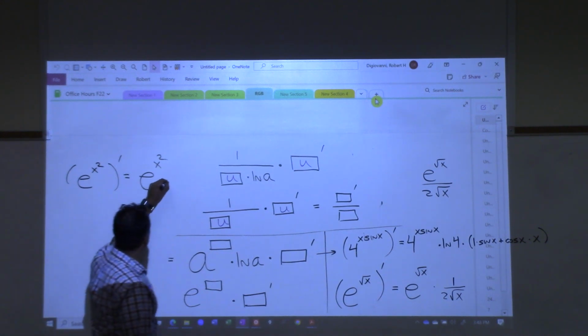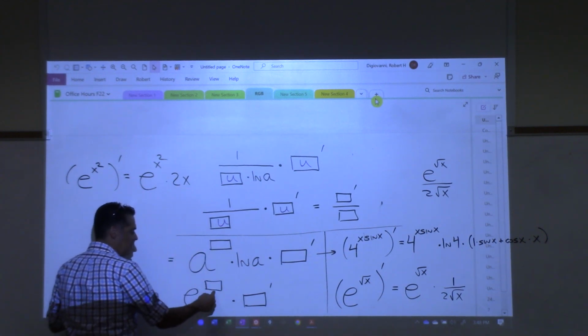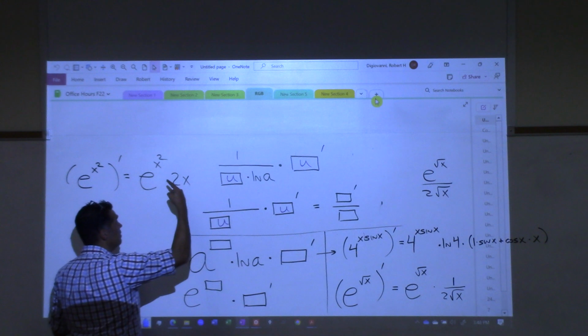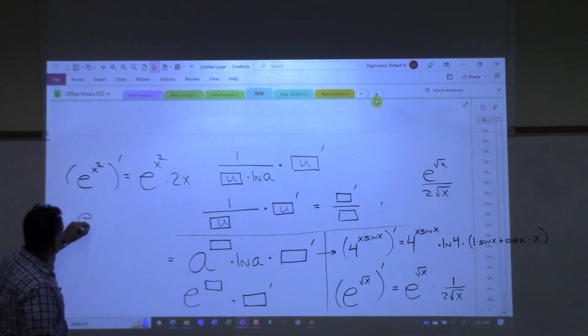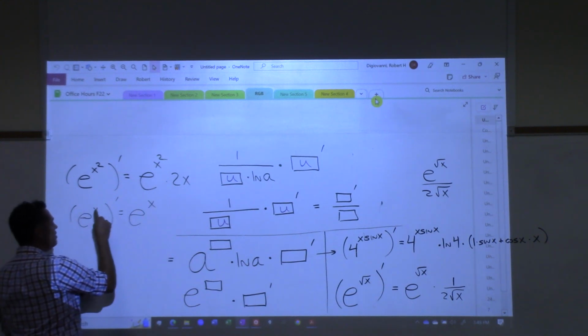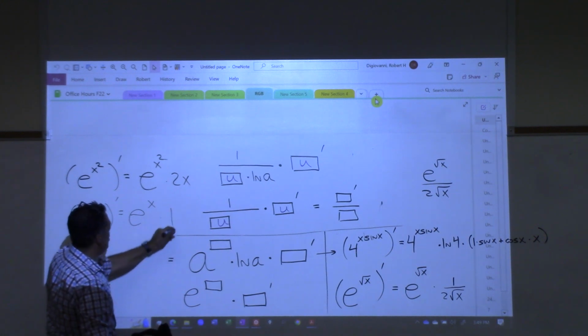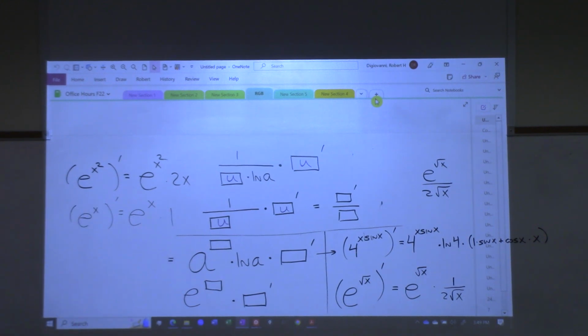You're missing times 2x because the derivative of e to something is itself times the derivative of what's up there. Now, if it's just e to the x, then yes, the answer is e to the x, but the reason is that the derivative of what's up here is 1, so this is times 1, so it is itself.